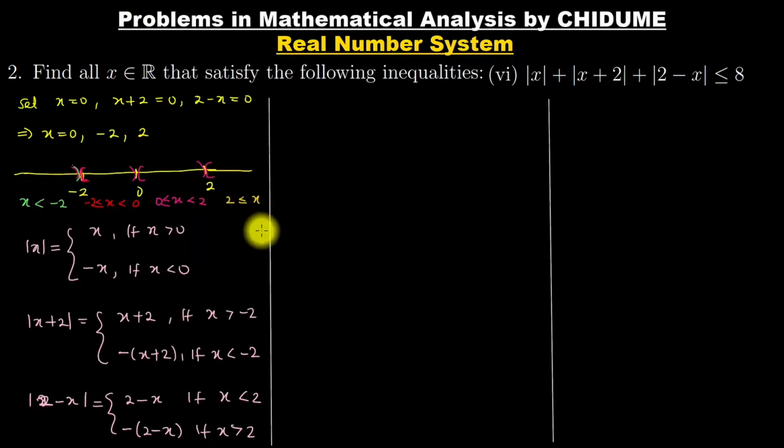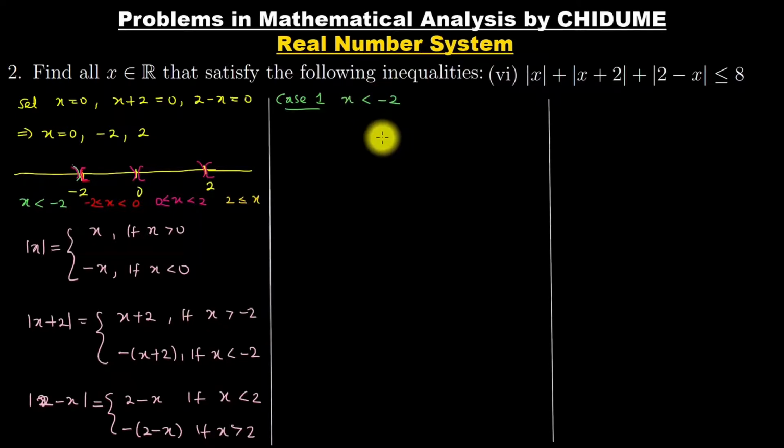Now, don't forget that I need to solve this in 4 different cases. So the first case is when my x is strictly less than negative 2.